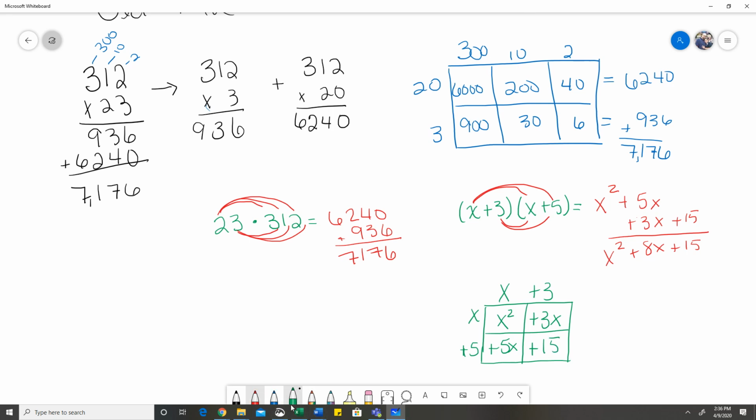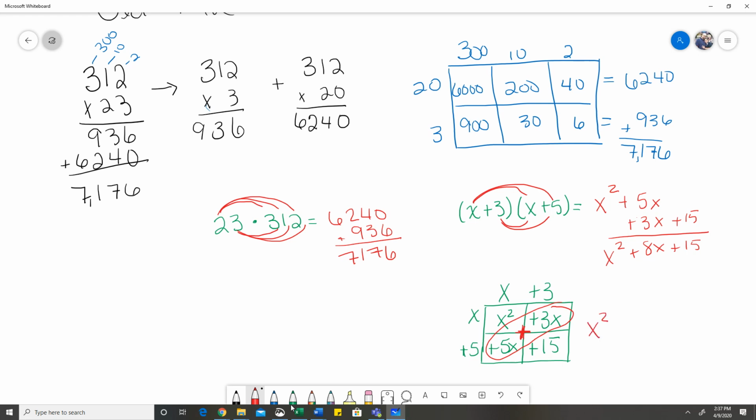Now, what the kids see is that these two things are like terms and they are diagonal. So they can add those together. But these two are not like terms. They don't have anything that can be added to them. So we just get the x squared.